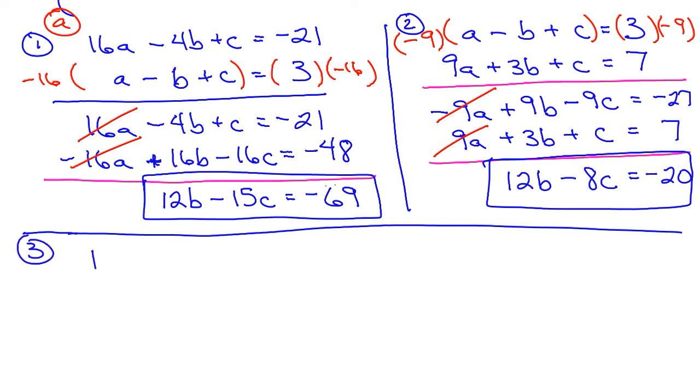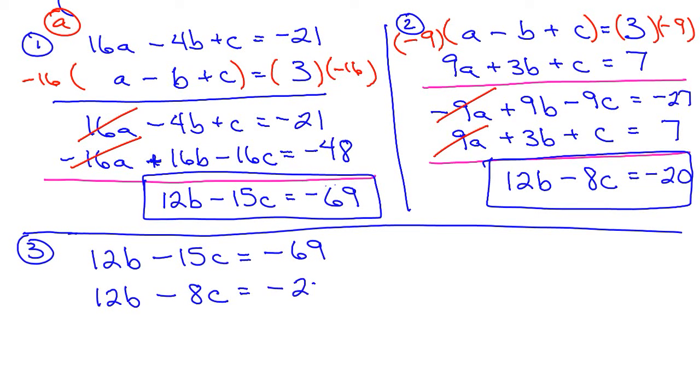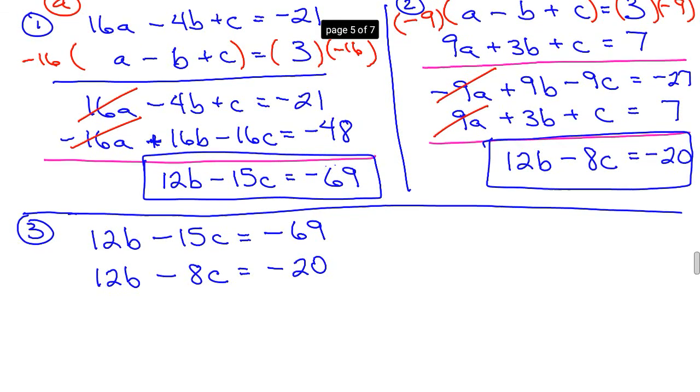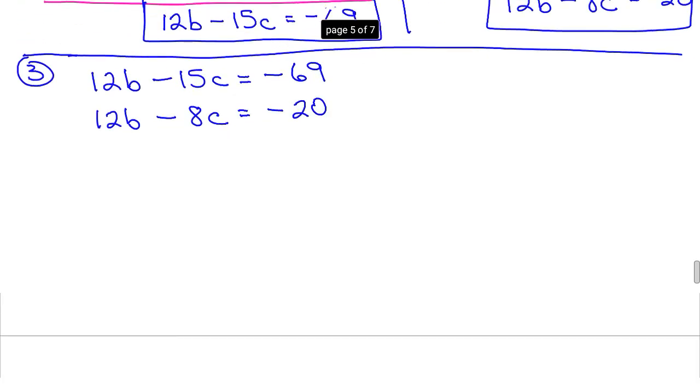So we have from the first section 12b minus 15c equals -69, and 12b minus 8c is equal to -20. To be able to add and eliminate, I'm going to multiply the bottom equation by -1 to eliminate the b's.